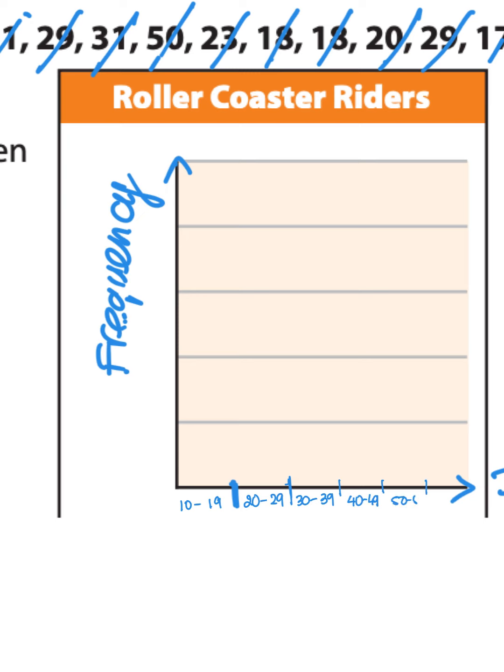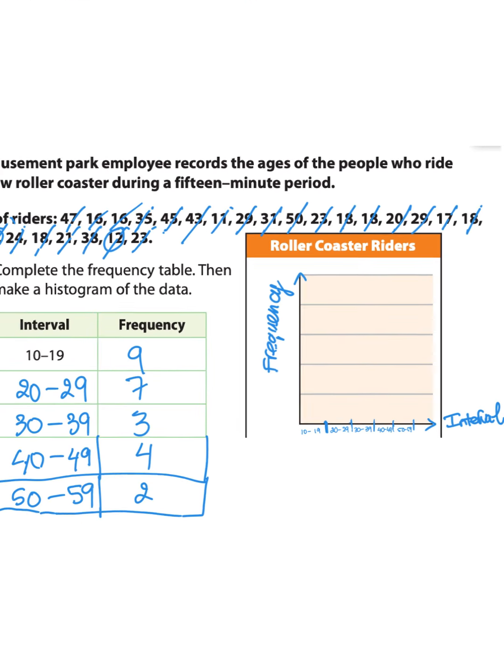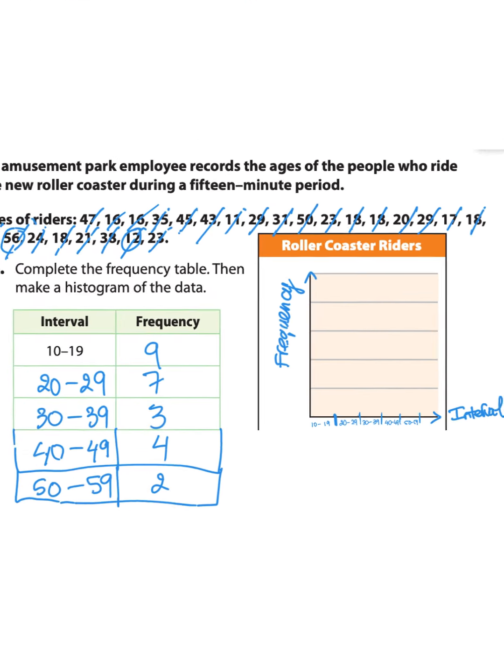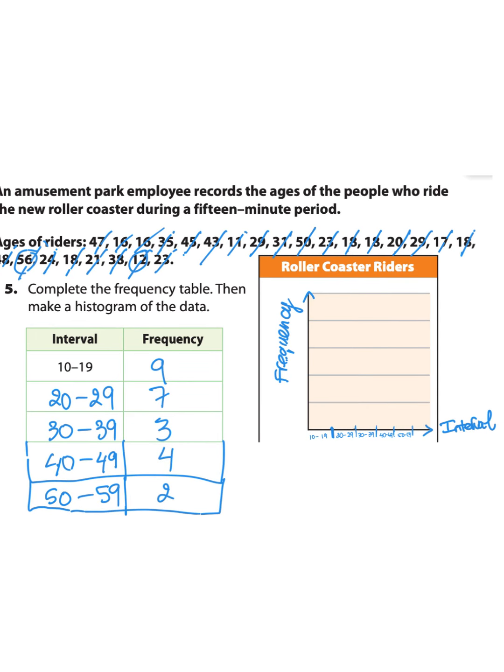Okay. 10 to 19, I have 9. Oh, and I have to break the frequency too. You see the lowest number is 2, the highest is 9. So I need to have that. I would mark this one as 1 and 2, 3 and 4, 5 and 6, 7 and 8, and 9.